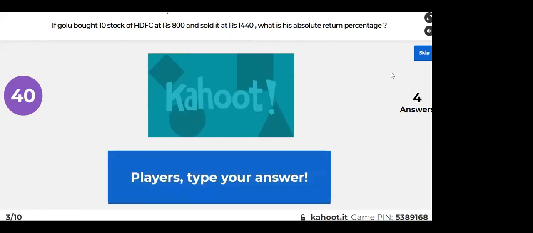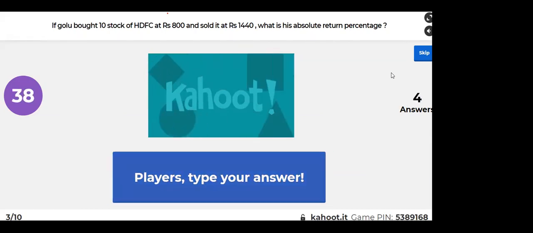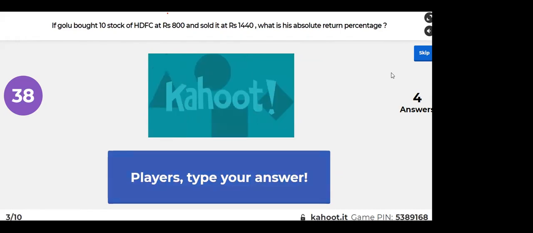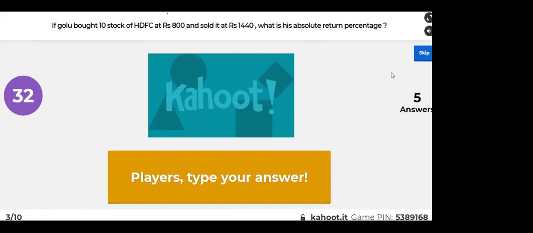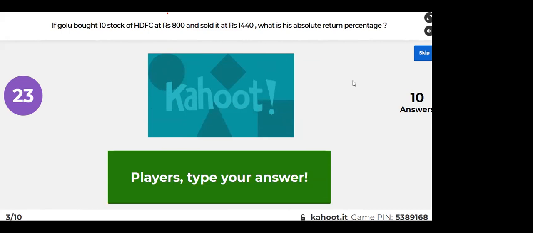Pragati, Yukti, if you have any issues, message in the chat box.